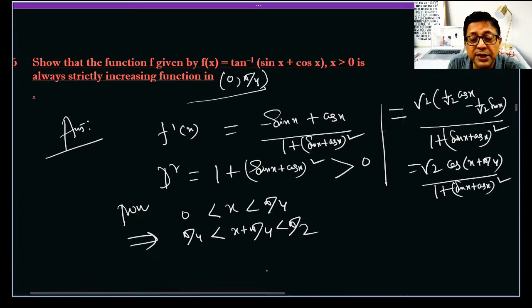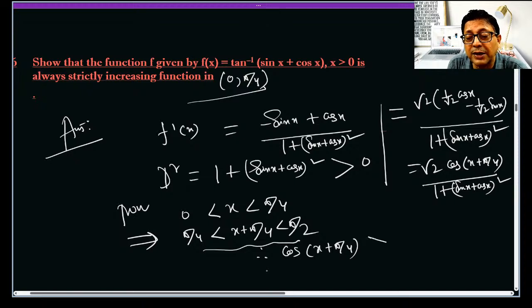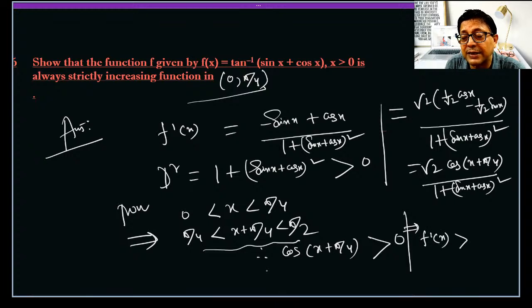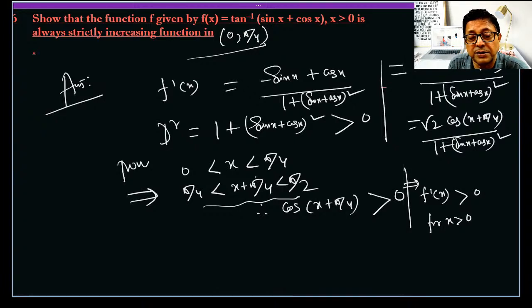So cos of x plus pi by 4 in the first quadrant is greater than 0. So this implies that f dash x is greater than 0 for x greater than 0. Hence the function is an increasing function.